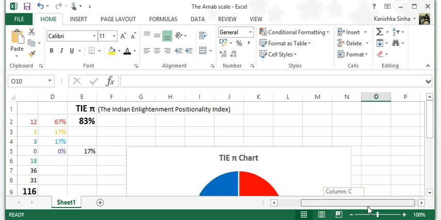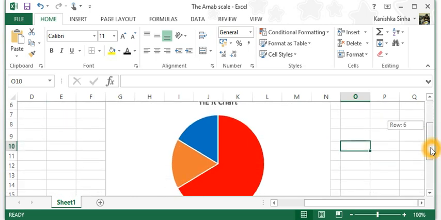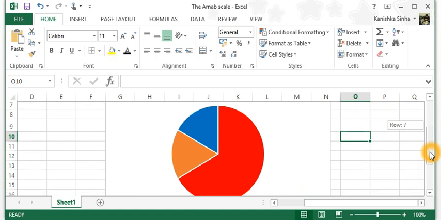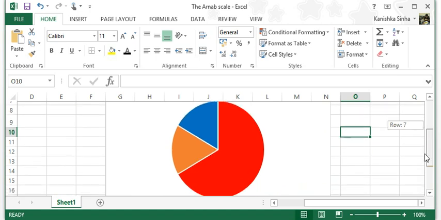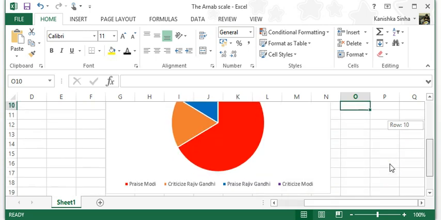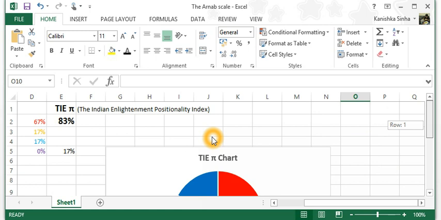And another metric we could do is what percentage of the facts that are stated are actually accurate, and that would be the TIE Lie statistic. So those 3 things over here, you can see if we do a pie chart, it's mainly red and orange over here, so it's mainly an 83% towards Modi, 17% towards Rajiv Gandhi.